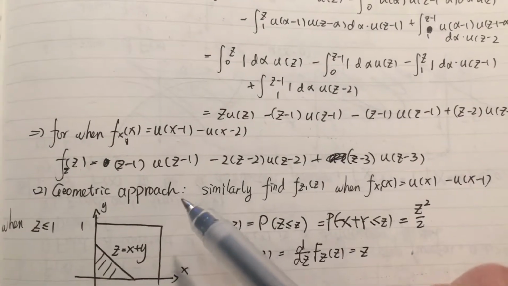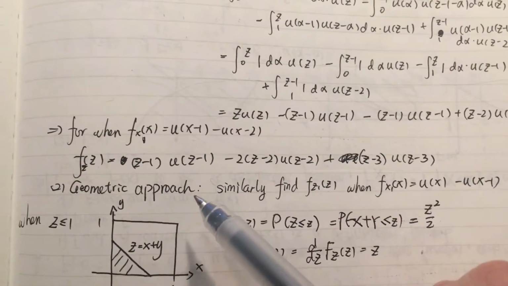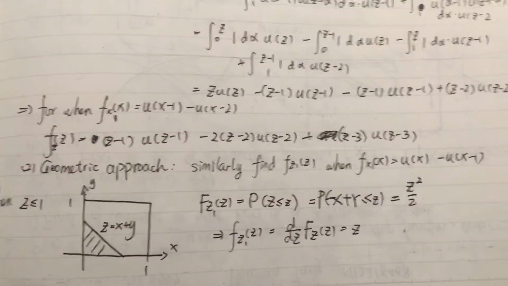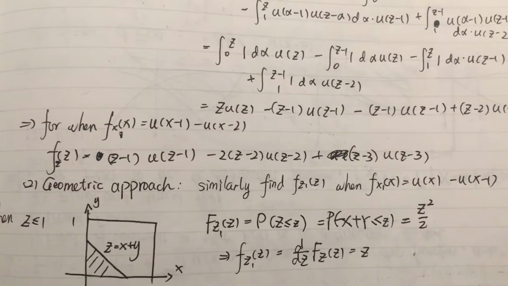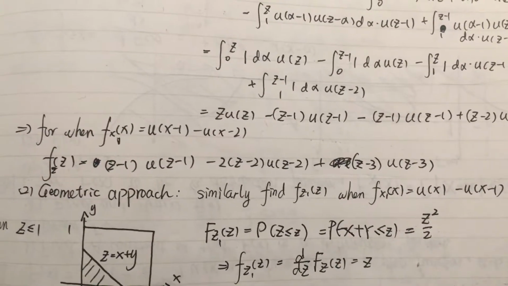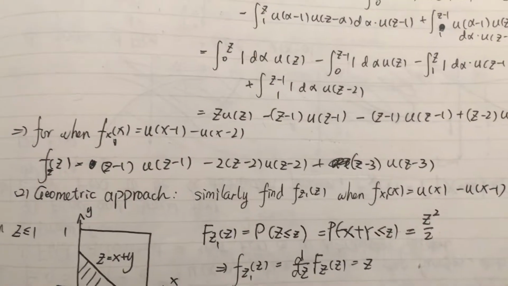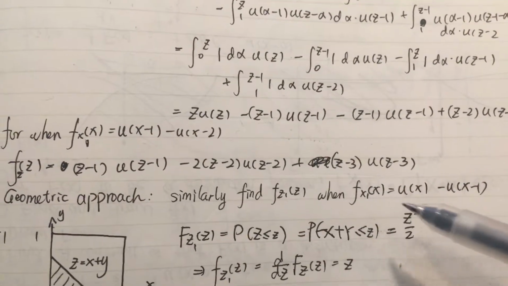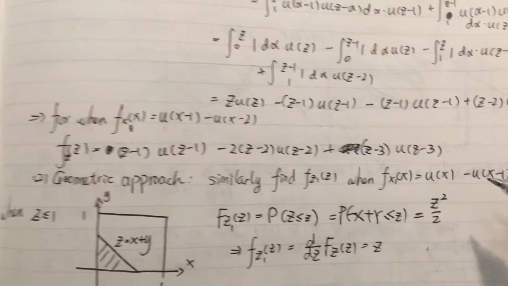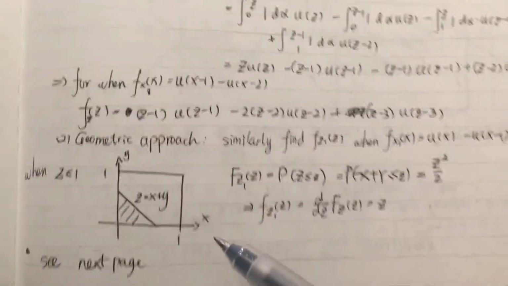And in the second question, we use the geometric approach to solve the problem. Similarly, we first determine the result when the probability density function of x is f_X1(x), which is in this case. We divide into different situations.